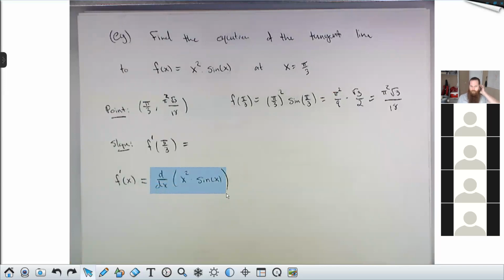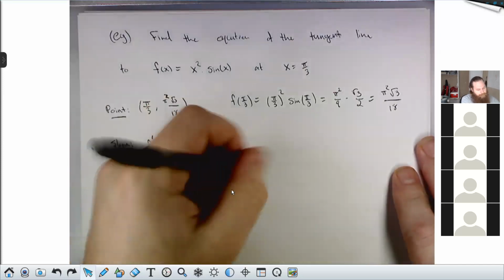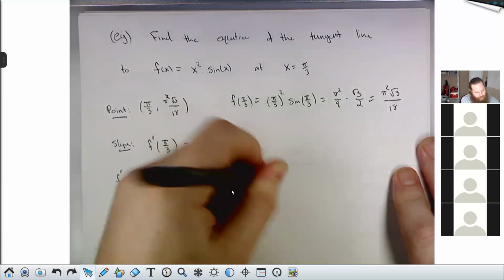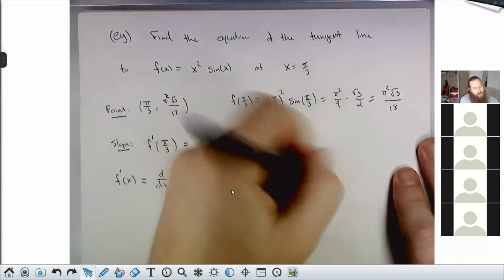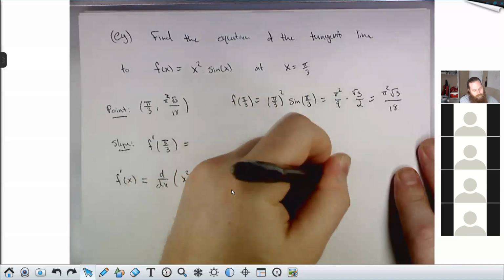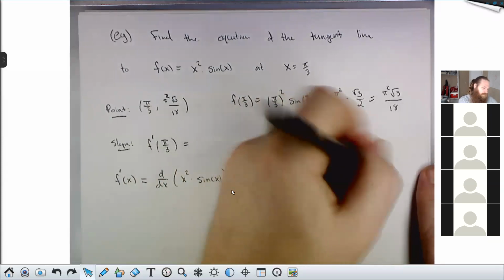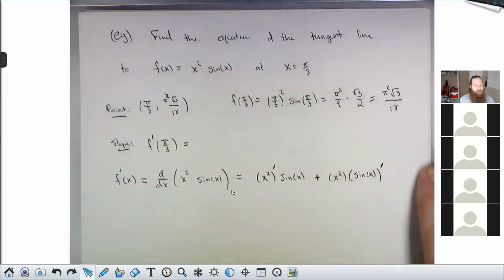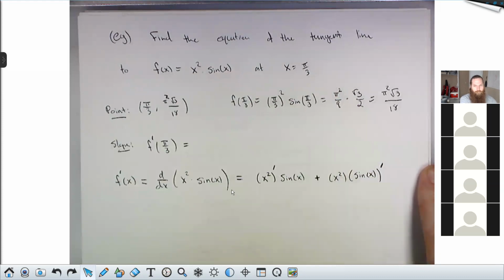What rule do I need here? The product rule? Yeah. So don't worry too much about what it's all going to simplify to. Let's just write it out. I differentiate the first piece, leaving the second piece alone. And then I add that to what I get, leaving the first piece alone and differentiating the second piece. Right? So like f prime times g plus f times g primed.